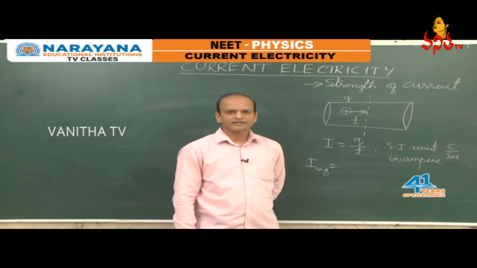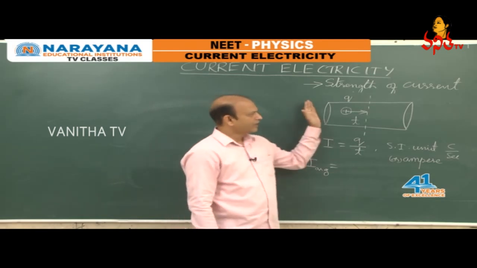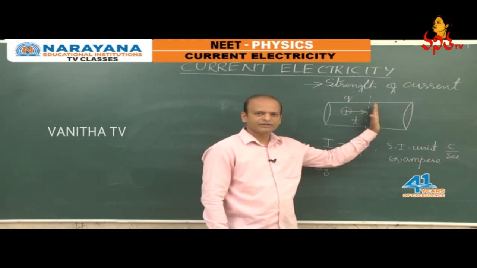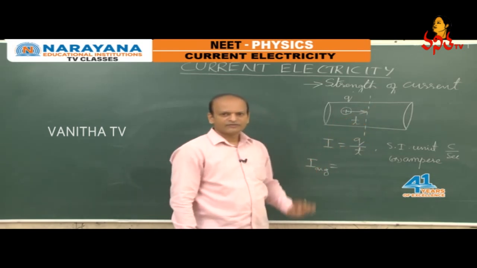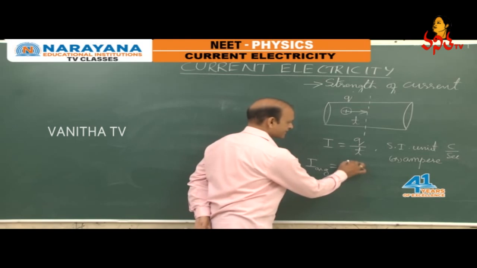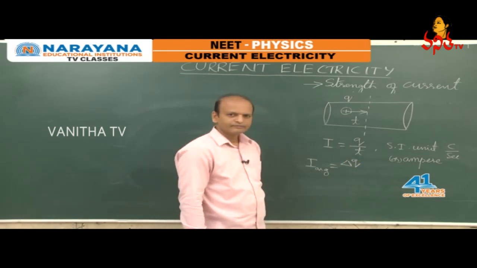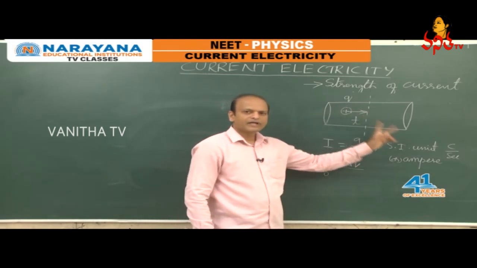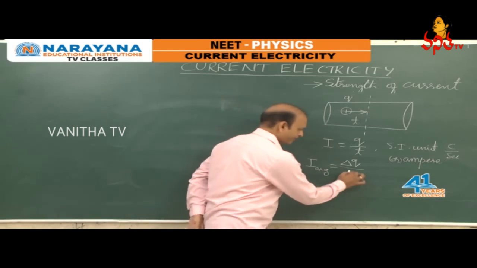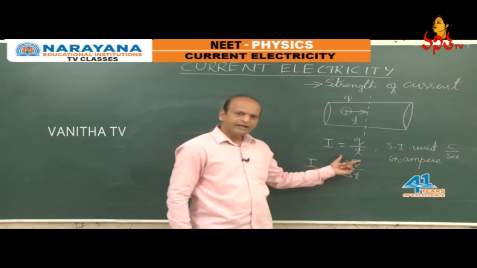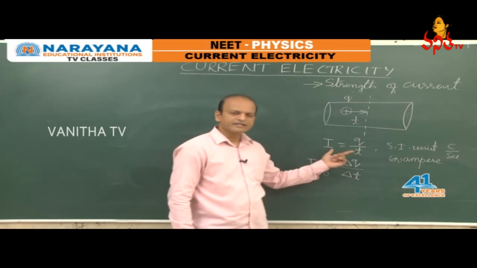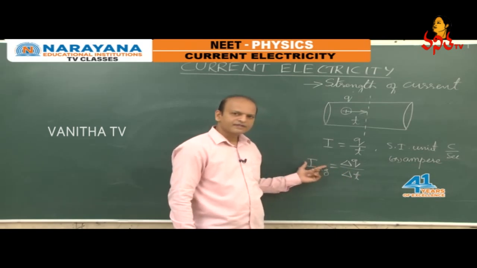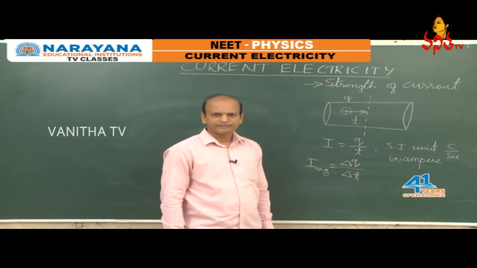How this average current is defined is, if in any conductor, through any cross section, total amount of charge passing is delta Q, the net amount of charge in a total time interval of delta T, then delta Q by delta T, that is the net amount of charge divided by the total time taken, is defined as average current.